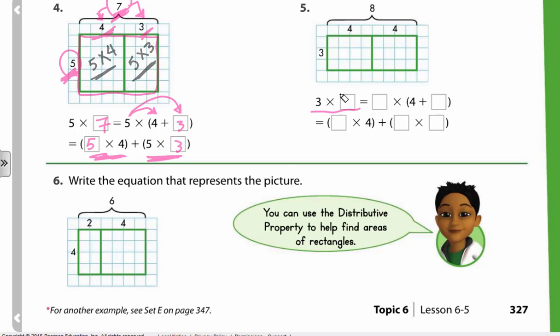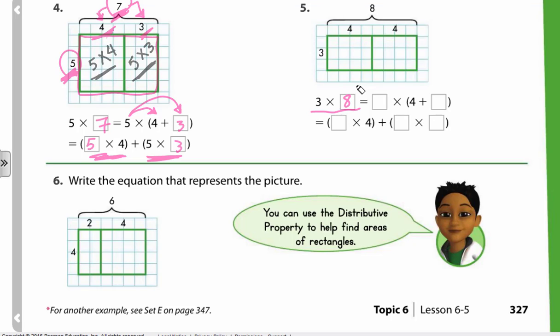The large one. 8. Yes, 3 times 8. Thank you. And after that, we break one of the two numbers into two numbers, and we get the area of the two small rectangles.